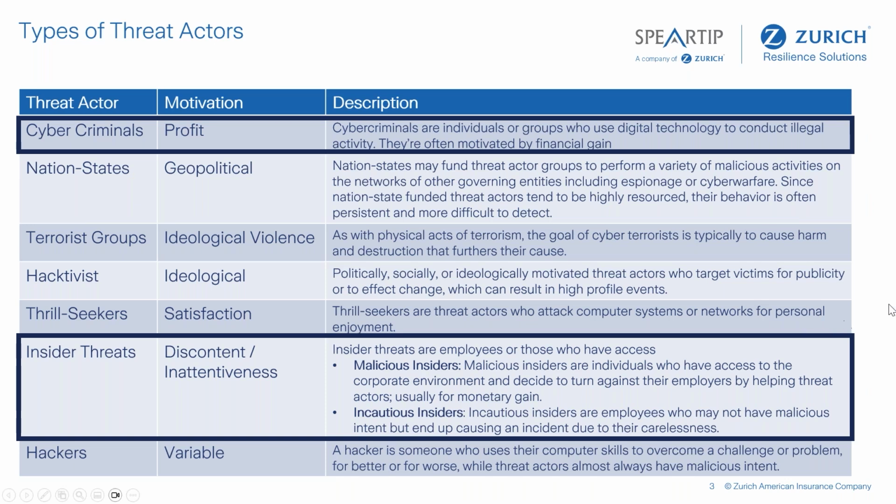And then the insider threats come in two main categories: malicious insiders and incautious insiders. I would say more often than not, it tends to be incautious insiders. And this isn't always motivated by somebody who's trying to make a mistake, or that there's anything wrong. It's just that we see all the security awareness training, the phishing emails.